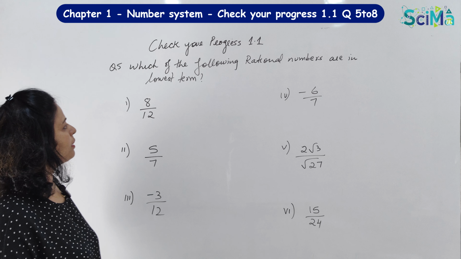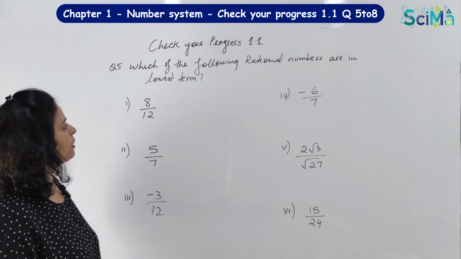Alright, so the 8th question here is you have to represent the rational numbers on the number line. So it is 2 by 5. See, all the 3 questions, if you see, they are all proper fractions. Numerator is smaller than the denominator. So 2 by 5 will lie between 0 and 1. It's a proper fraction, so we have to divide 0 to 1 in 5 equal parts.